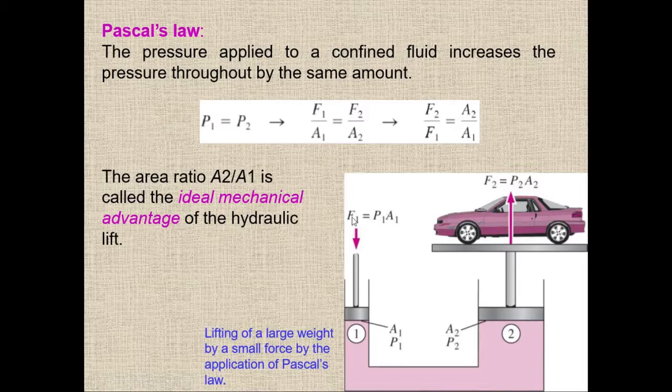You are applying low force and you are getting more force, because according to the Pascal law, the pressure at point 1 and point 2 is same. If the pressures are the same, and pressure is force upon area, then F1 upon A1 is equal to F2 upon A2. So you will get more force at more diameter or more area.